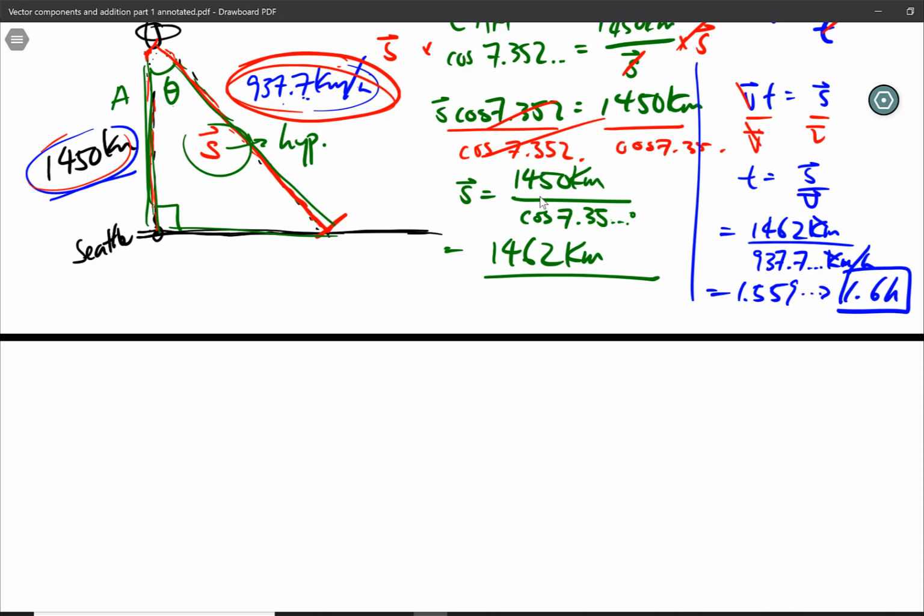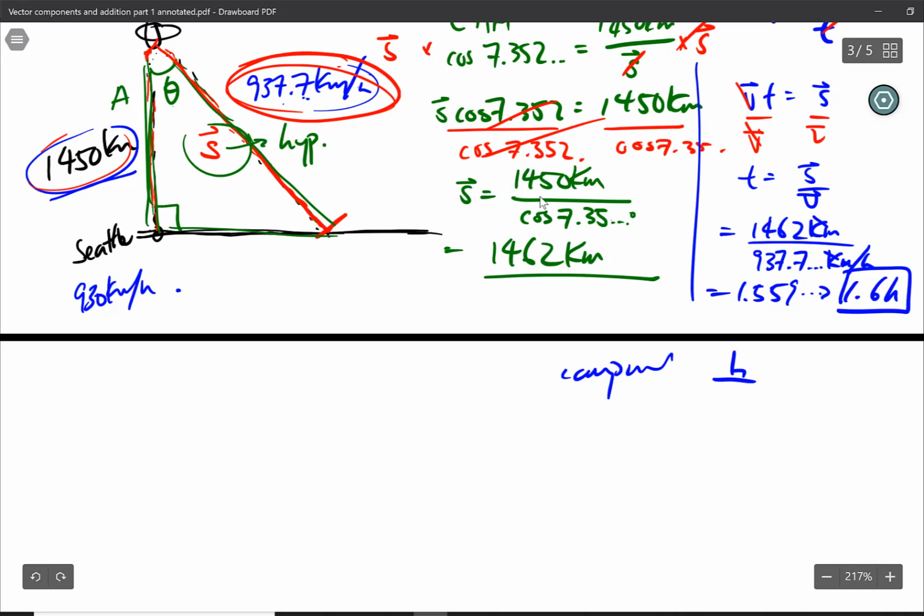Mathematically, you might have thought, oh, I just need to use the 930 kilometers per hour. You are right, but there's a reason why we can do that. And that has to do with the wind and the plane being components that are perpendicular to one another. And because they're perpendicular to one another, they don't affect one another.